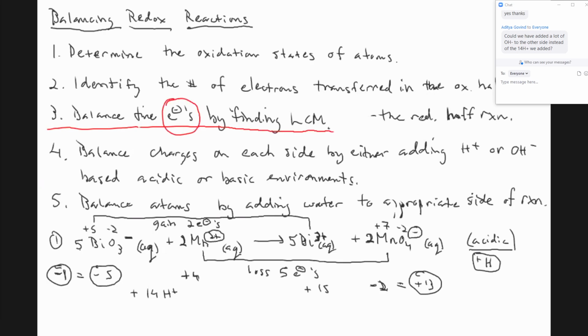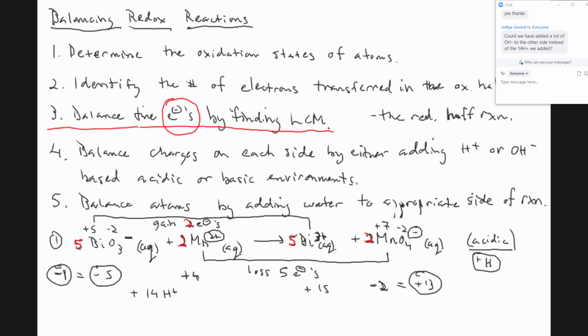So when we multiplied this by 2 times 5, that's 10 electrons. And 5 times 2, that's 10 electrons. So bismuth had gained 10 electrons and manganese had lost 10 electrons.